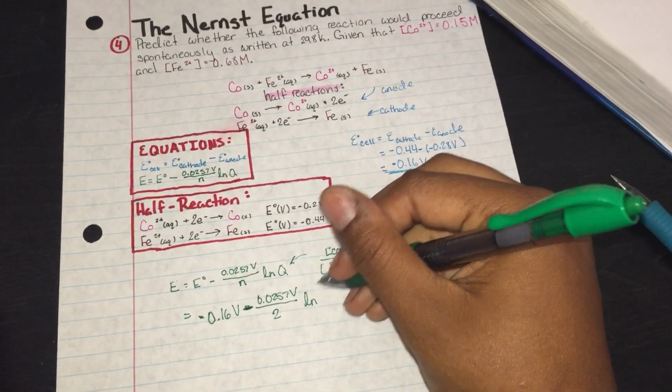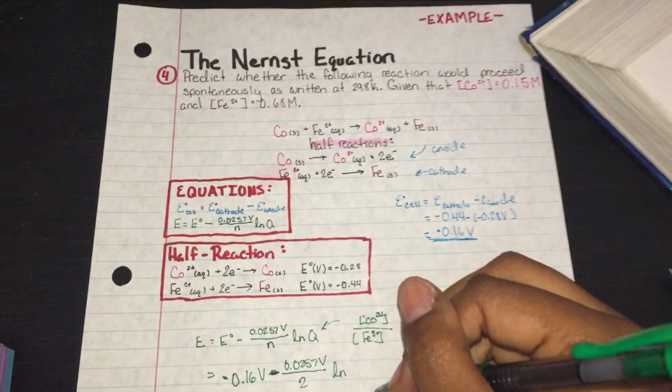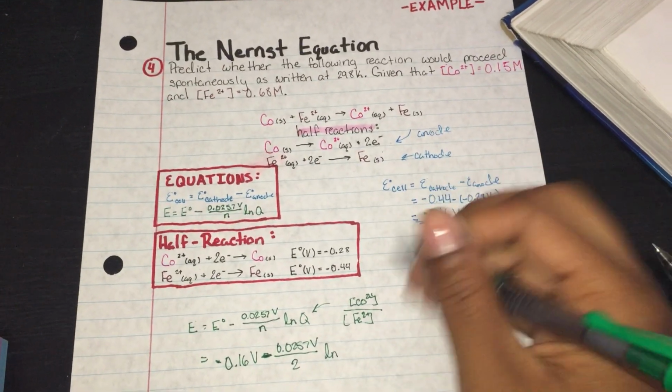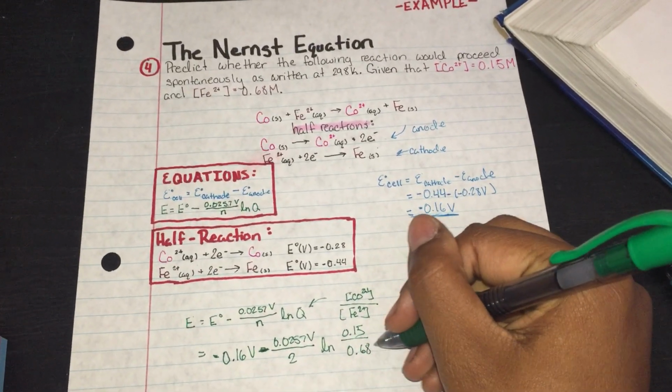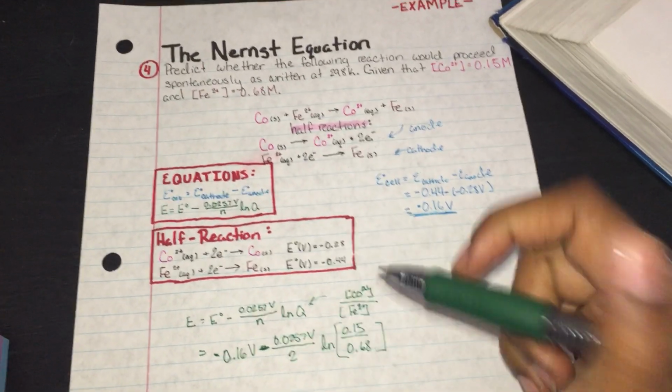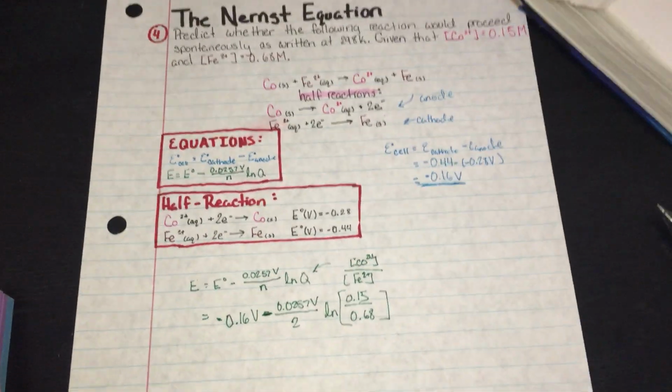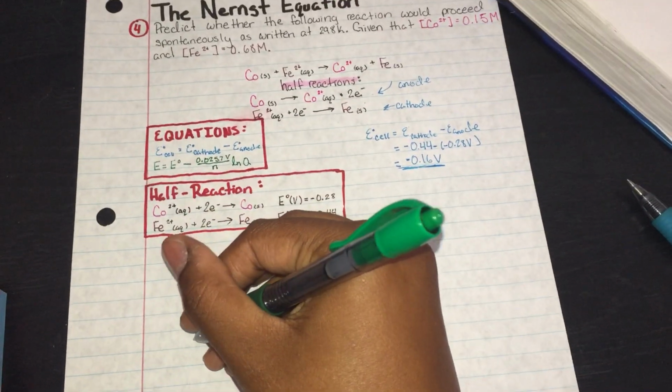So that comes out to 0.15 over 0.68. And now we just solve our problem by simplifying.